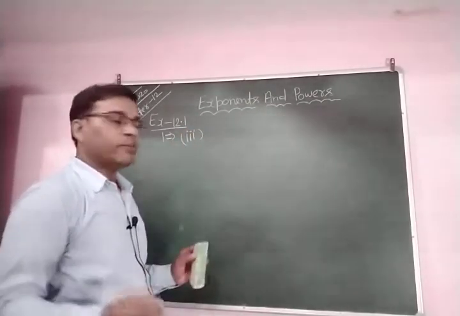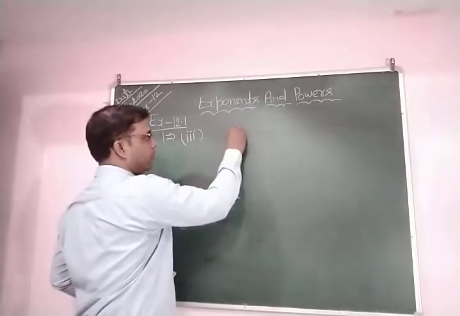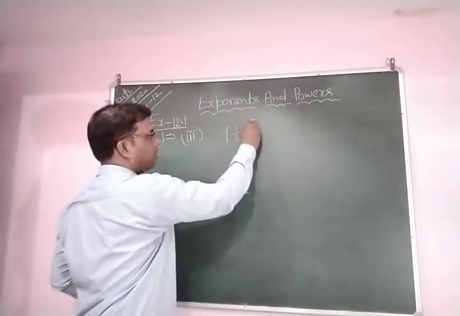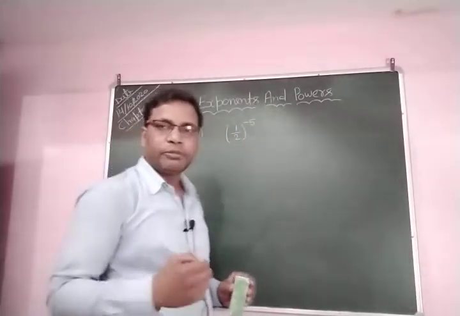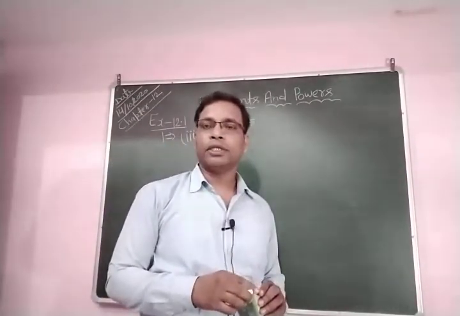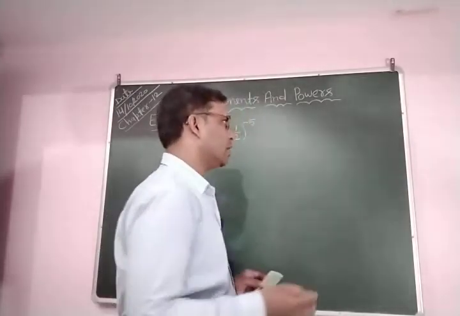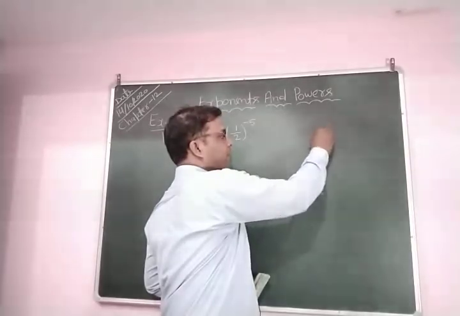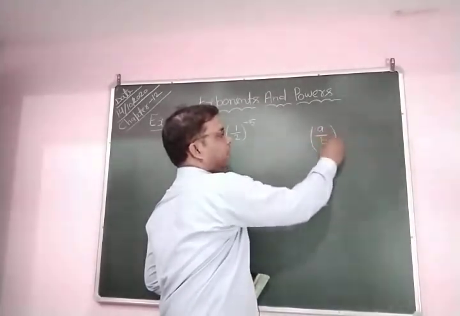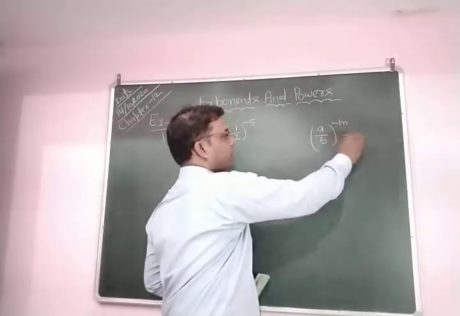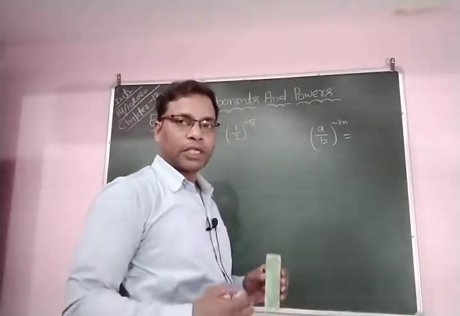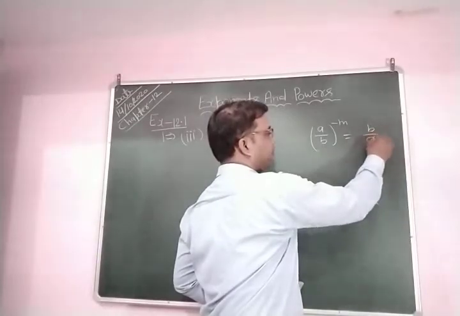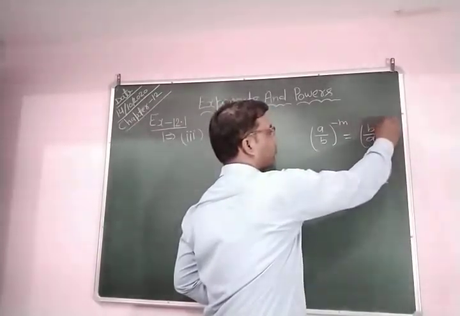1 by 2 whole power minus 5. If you remember, in the previous video I discussed the law of exponents. I hope all of you saw this video. For a by b whole power minus m, you can write it in positive exponent as b by a whole power m.